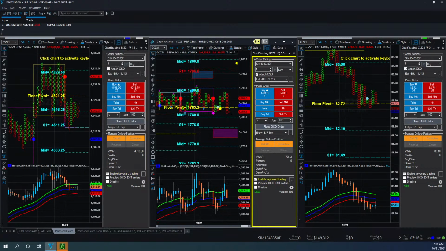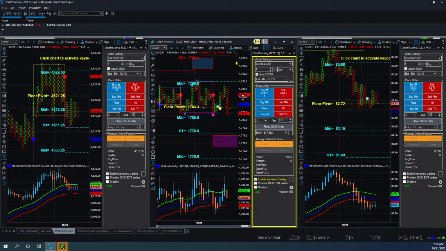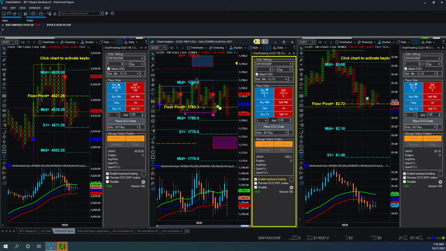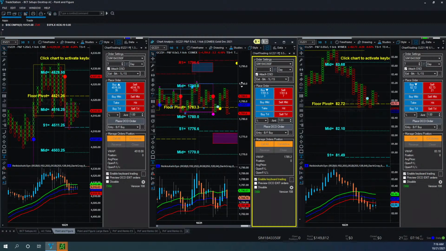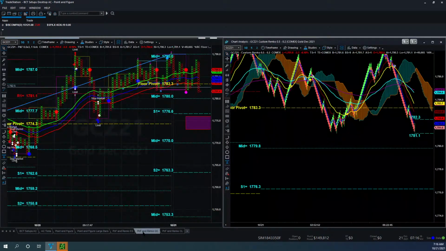Gold is breaking now. It's breaking to the downside. There's a little bit of support right here, but it's definitely breaking to the downside. Still horizontal. It has not broken yet. And we'll see the Renko right away. We can probably see the Renko now that we are here.